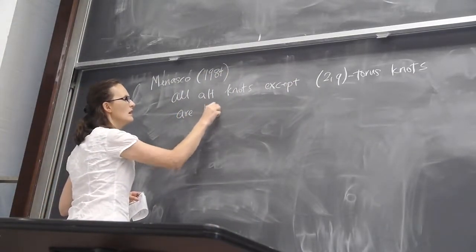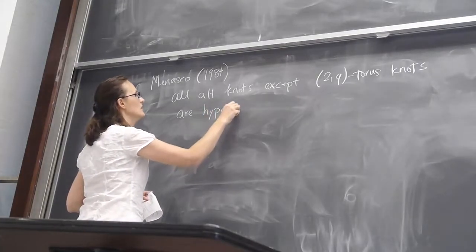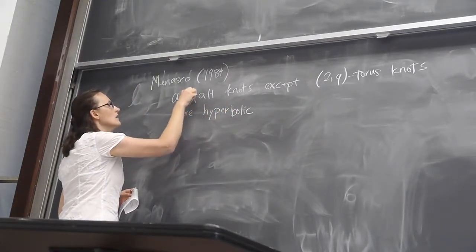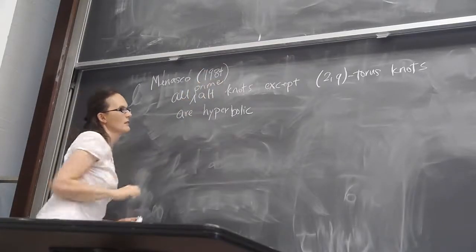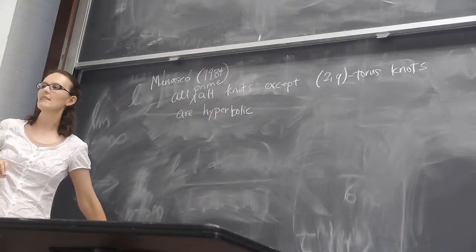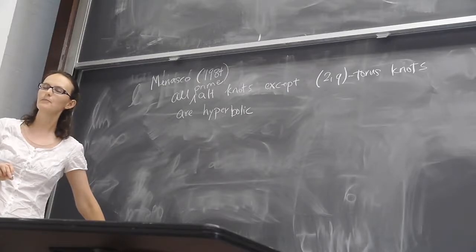Do you want to say prime? Yes, I do. So we're going to take prime alternating knots. That is, we don't want to deal with connect sums of knots in this setting.